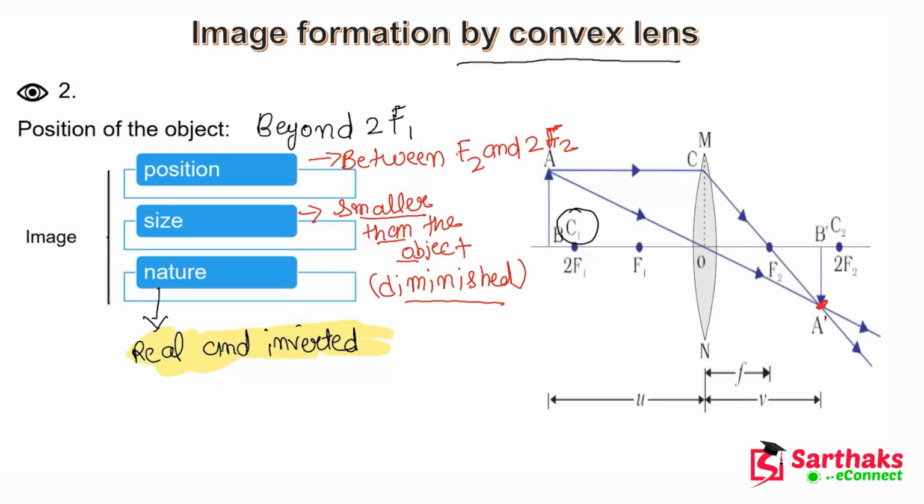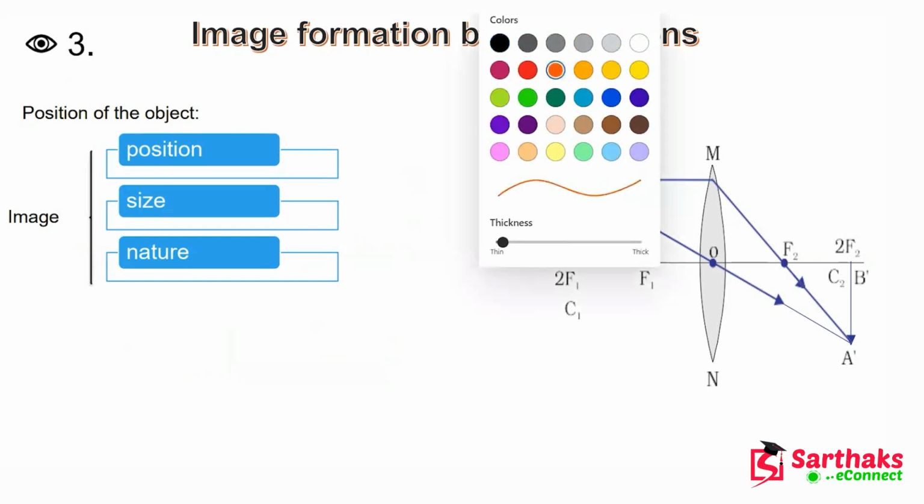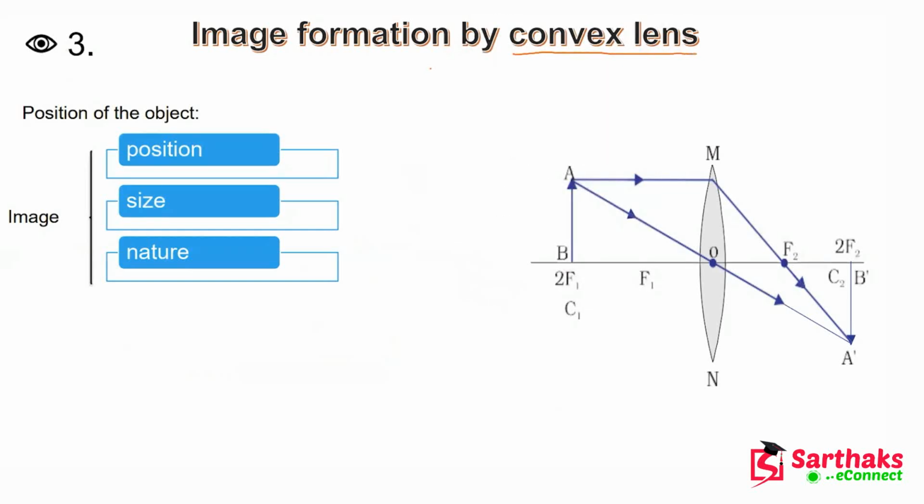Now, let's move on to the next slide and try to understand the third case of image formation by convex lens. In this case, we placed the object at 2F1 and brought it a little bit closer to the convex lens.